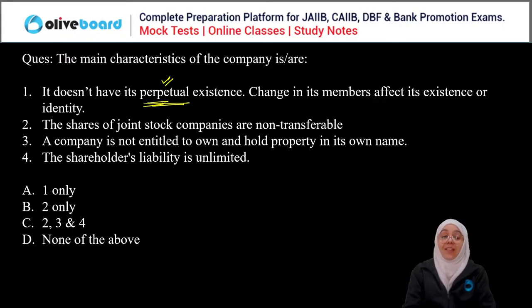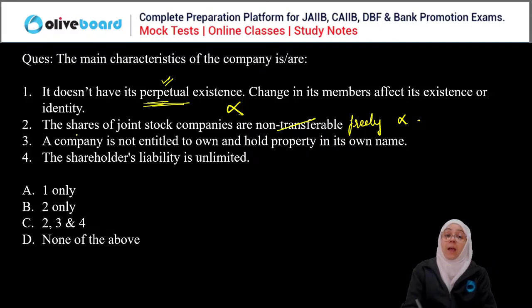Do changes in its members affect its existence? No. When the members, directors or shareholders are changed, it doesn't affect the existence or identity of the company. So that is wrong. The shares of a joint stock company are non-transferable. It is wrong. They are freely transferable.